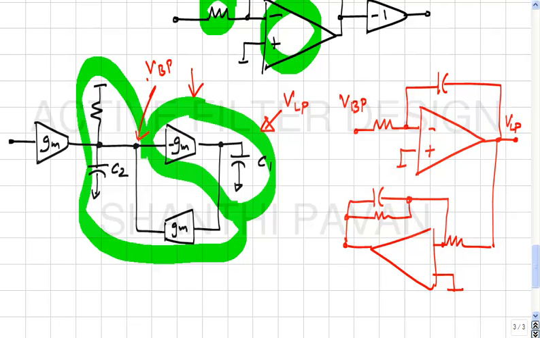So, this is the damped integrator. Is this inverting or non-inverting? It is inverting, but what do you want? Non-inverting. So what should I do? I put a -1, with the understanding that in fully differential form it's trivial. Okay, and this must be the VBP.